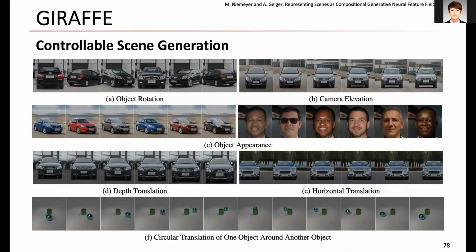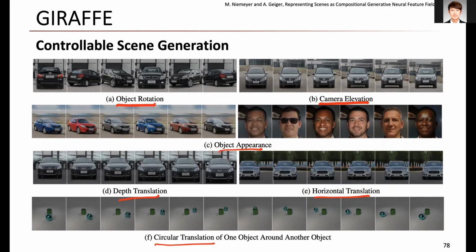We can control scene generation by adjusting the object rotation, the camera elevation, appearance, depth translation, horizontal translation, or the object translation. We can generate high quality images because this technique is already aware of the 3D information, the real 3D manifold.